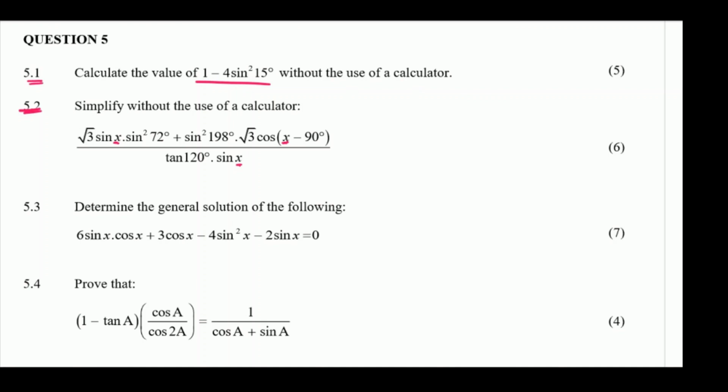And if you made a mistake and it doesn't equal the answer that you got, then you know you made a mistake somewhere, right? With this one, because we're having this expression here and it has x values, you can't just punch it in your calculator, right? So what I suggest you do is let x be equal to any special angle, just use 30 degrees or 60 degrees, or 90 degrees.